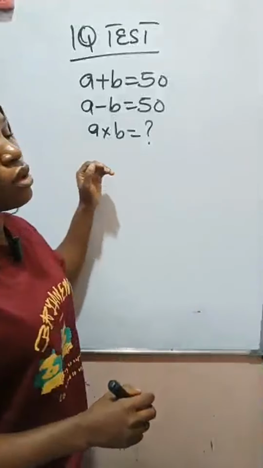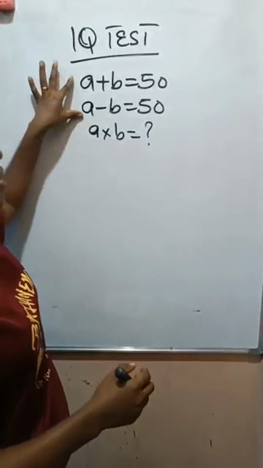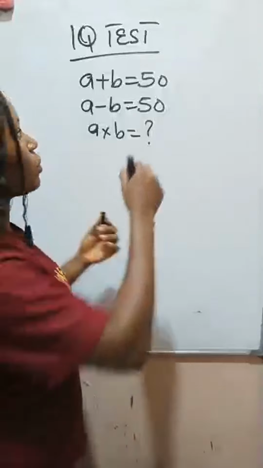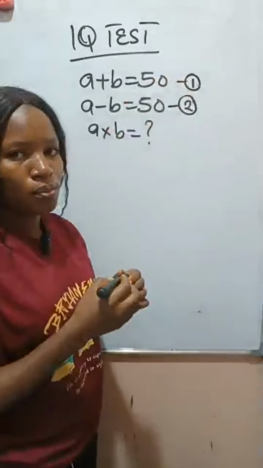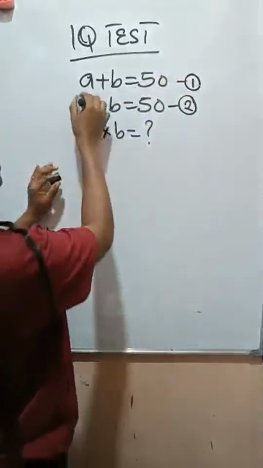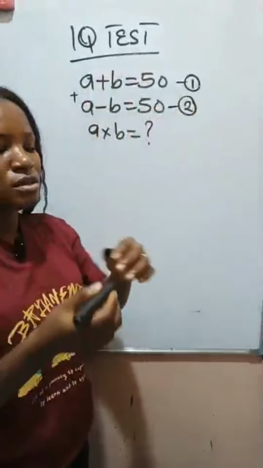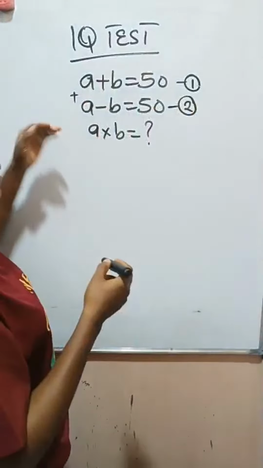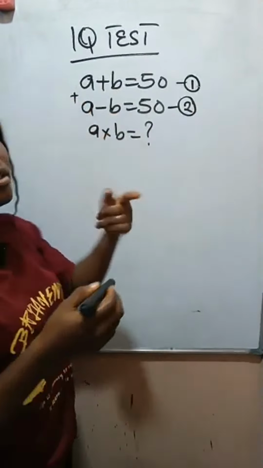Now, the elimination method is faster for me, especially when I know I have the same coefficient for my variables. If I call this equation 1 and this equation 2, I can decide to add or subtract equation 1 from equation 2 depending on what I want to remove. If I add, I can remove b, because b plus minus b is 0.